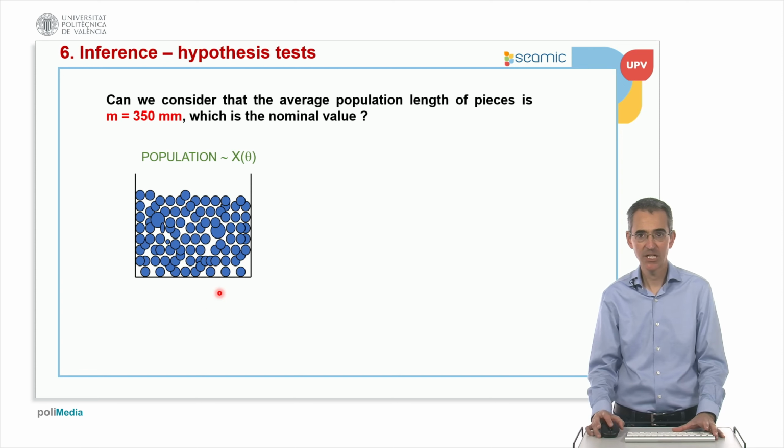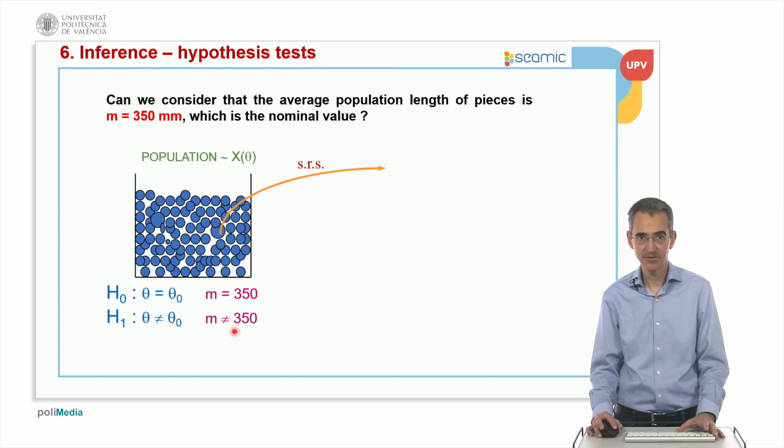Imagine that we measure a quality parameter and the nominal value is 350. So the null hypothesis will be about a parameter. That parameter can be the average or the standard deviation, or if it is an exponential, about alpha. Then in this example, the null hypothesis is m equals 350. The alternative hypothesis will be being different to 350.